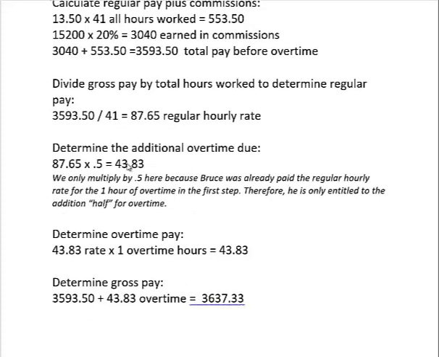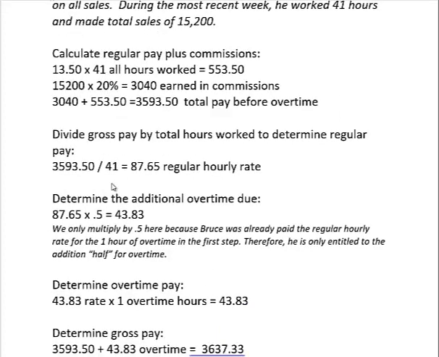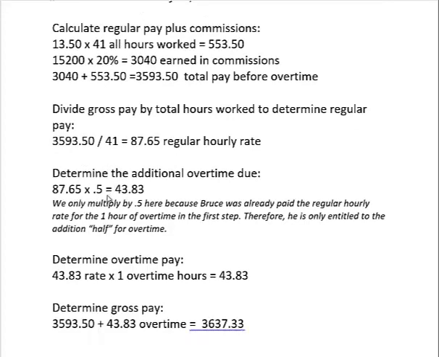So to get his full overtime, we're going to just add the additional half to what he has already been paid. So we're going to take his $87.65 regular rate and add the half. We've already paid him up here for the regular rate of $13.50 an hour for the 1 hour. Now we're adding the half here.